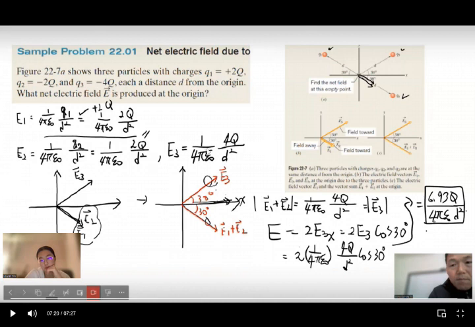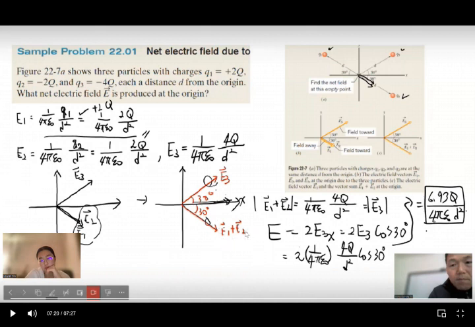So I think this is pretty much the same as the one we looked through before. You just have to add the two vectors together first because they're pointing in the same direction. So that creates the resulting vector out of the two charges.